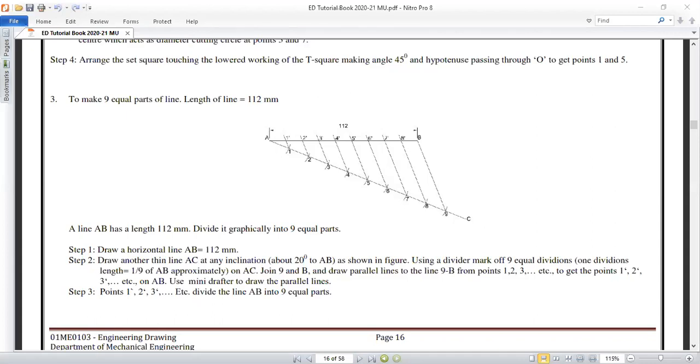Now you slide this scale and draw parallel lines, right? Draw one parallel line to join this point 8 with the point on this, like this.